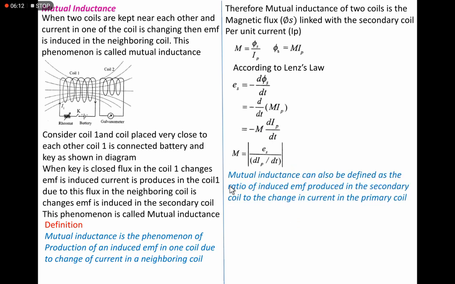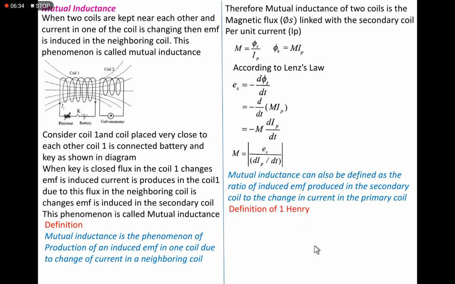So from this equation, one more definition: mutual inductance can also be defined as the ratio of induced EMF produced in the secondary coil to the rate of change of current in the primary coil.